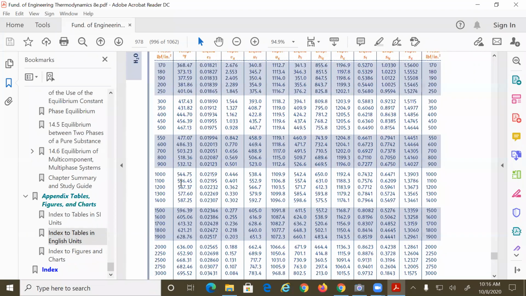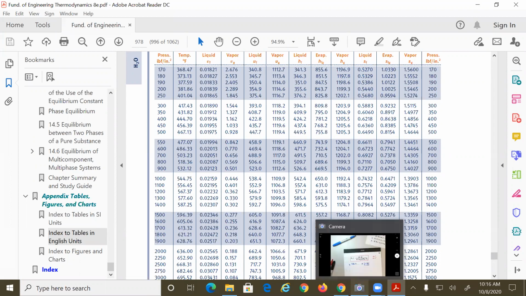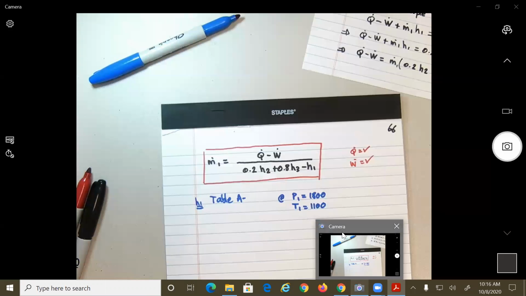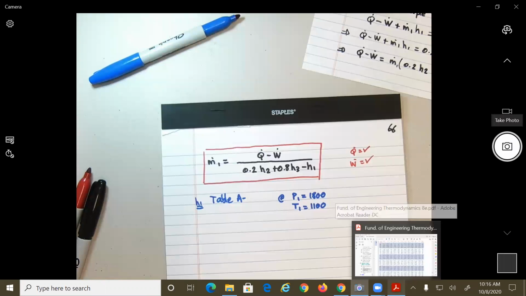Okay, the saturation temperature at 1800 is 621 Fahrenheit, no? 1800, and what is the one we have over here? Is 1100. So what is the state of the water at state 1? What is it? It should be superheated, no?